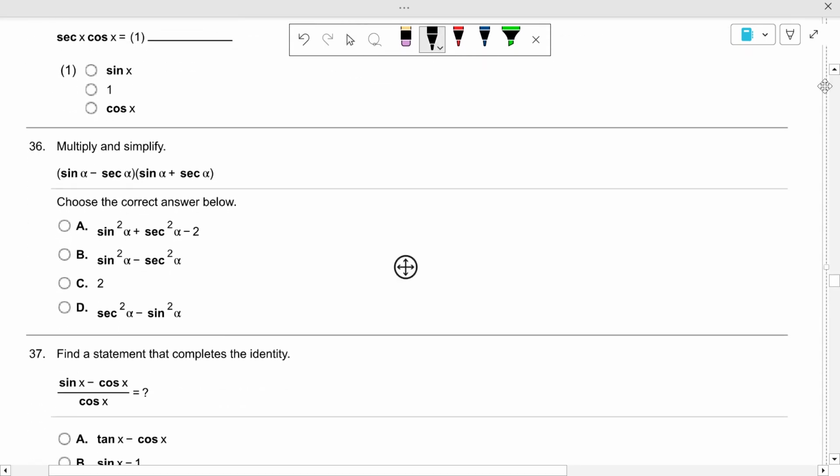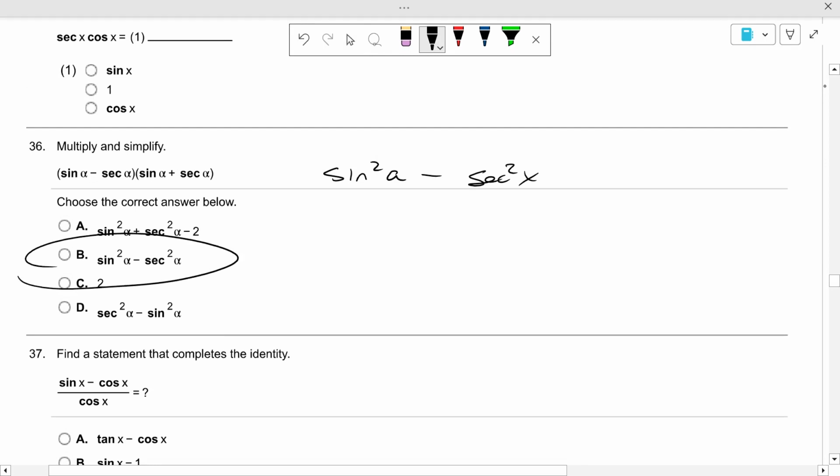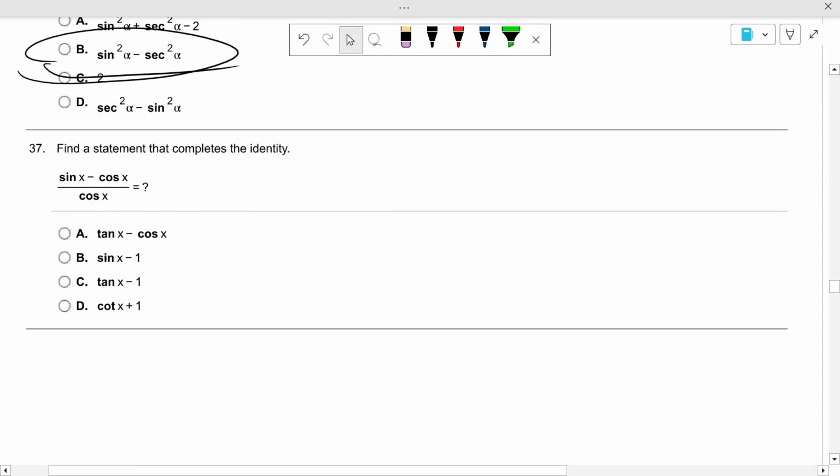We FOIL this, we get sine squared of alpha minus secant squared of alpha, which is choice B. Sine minus cosine over cosine is sine over cosine minus cosine over cosine, which is tangent minus 1.